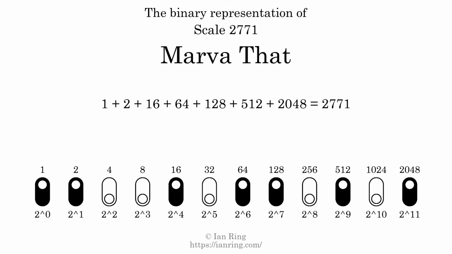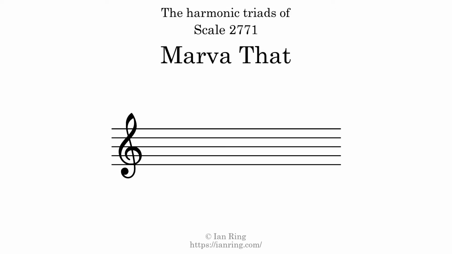That is why the scale number, in decimal, is 2771. The scale number not only enumerates the scale with a unique index, but it also literally describes the tonal content of the scale. Represented as a binary number in base 2, the scale number is 10101100100011.